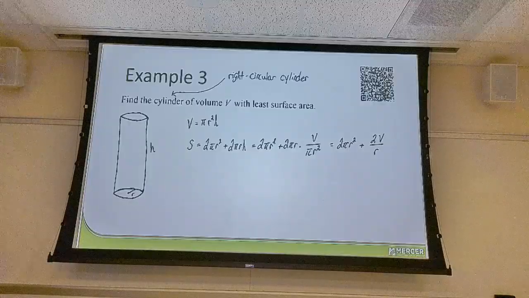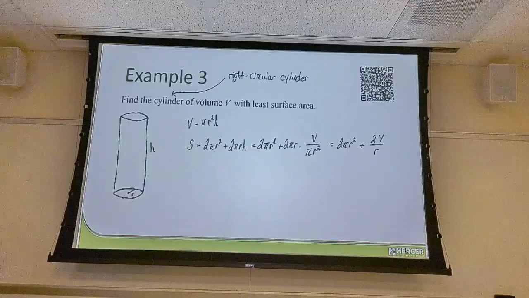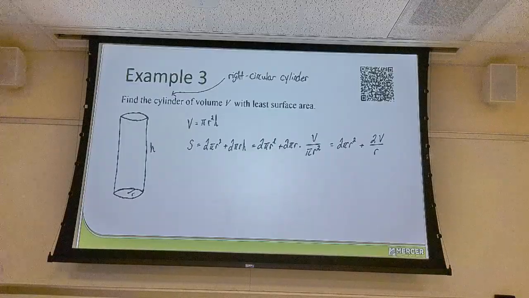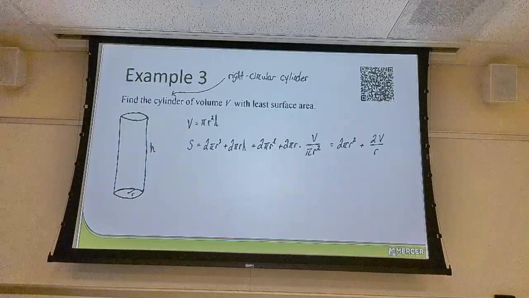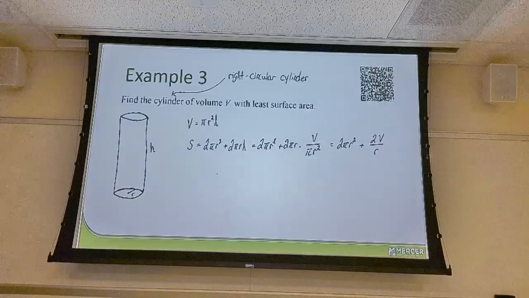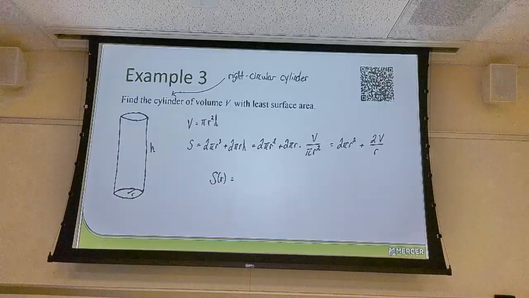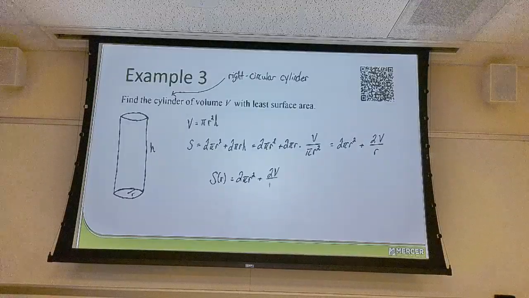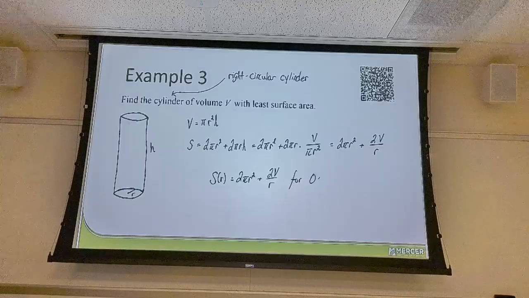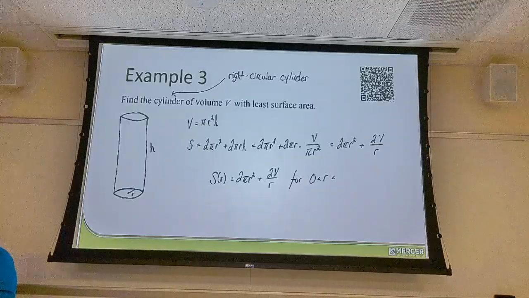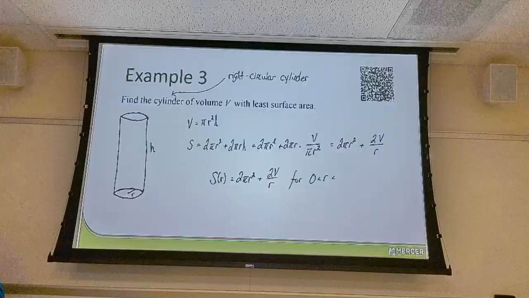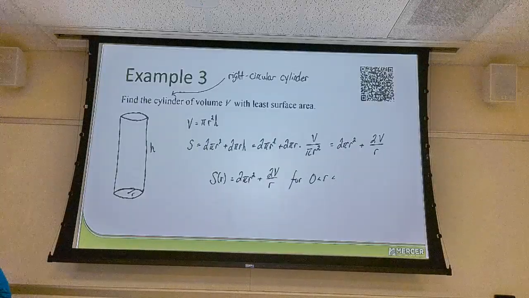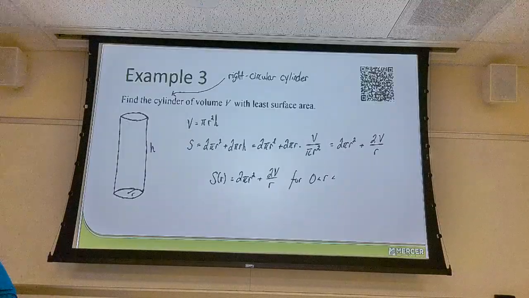Volume is fixed. Right? Because they say a cylinder of volume V. So we're fixing volume. It's a constant. Domain. Well, obviously r has to be positive. What is the largest value it can go to?